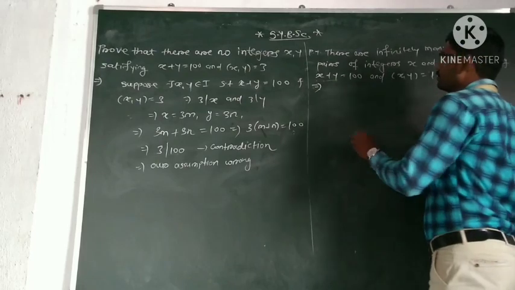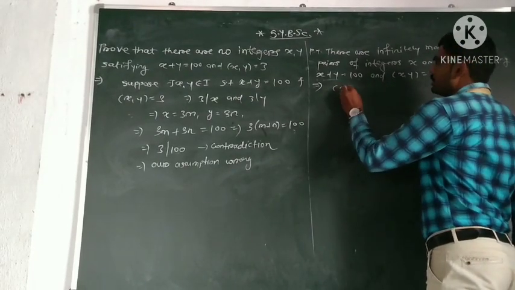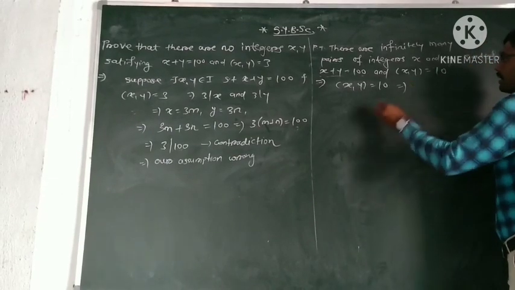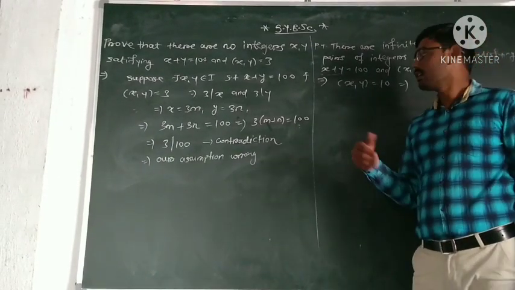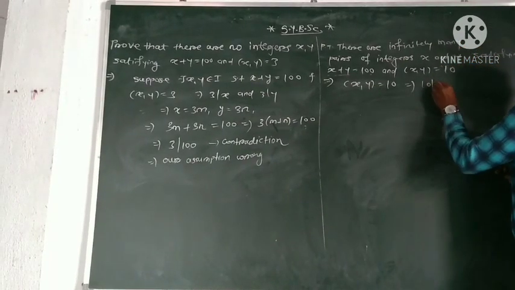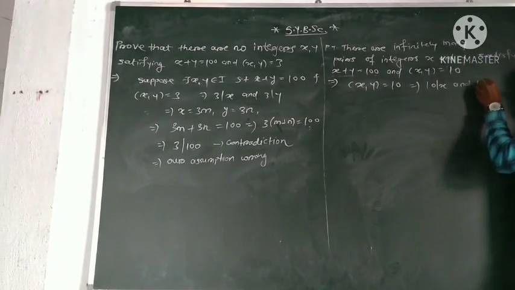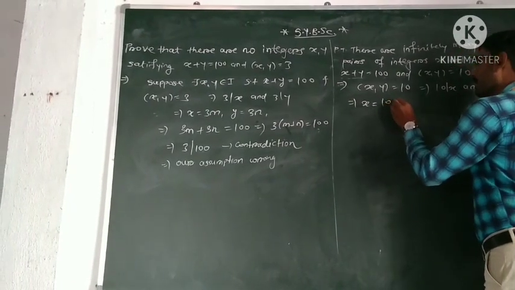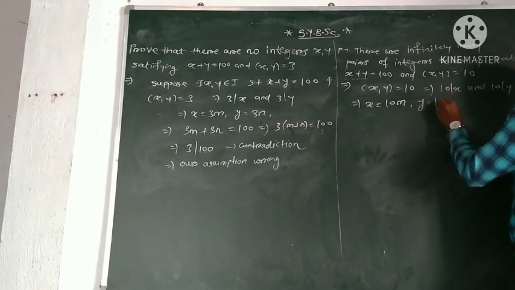Okay, so here GCD of x and y is equal to 10. This implies 10 is the greatest common divisor of x and y, so 10 divides x and 10 divides y. That is, x is a multiple of 10 and y is also a multiple of 10.